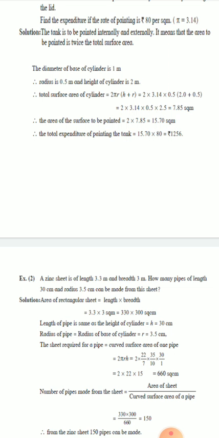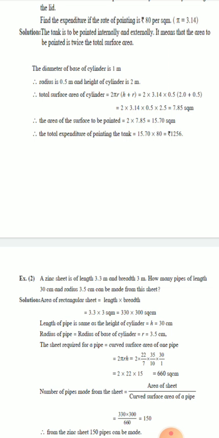Now the sheet required for a pipe is nothing but the curved surface area of one pipe. Now you can easily calculate the curved surface area. The formula we have is 2 pi r h, equal to 2 into pi, which is a constant. Either you can take 22 by 7 or 3.141. Now the radius is 3.5 centimeter. I am going to convert this centimeter.